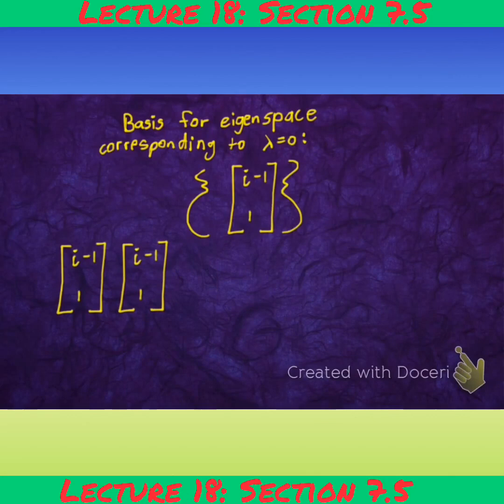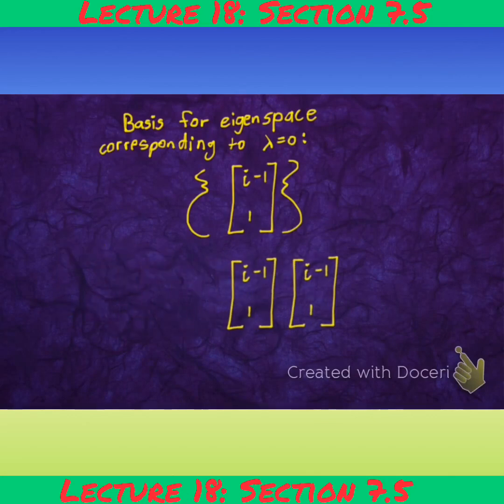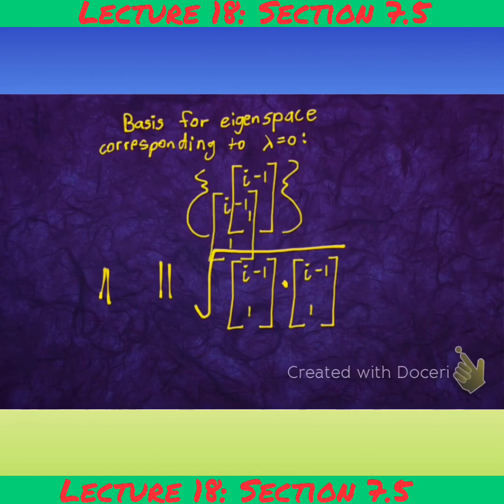We calculate the norm by taking the square root of the dot product of the vector with itself. That's the definition of the norm, and that's the norm of our vector there.